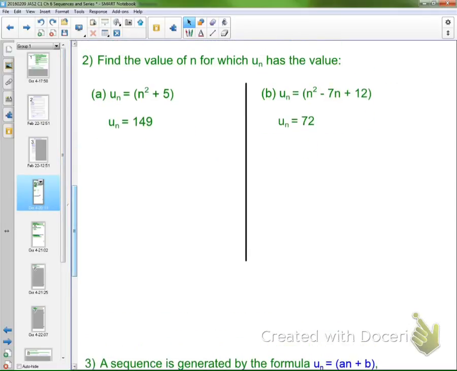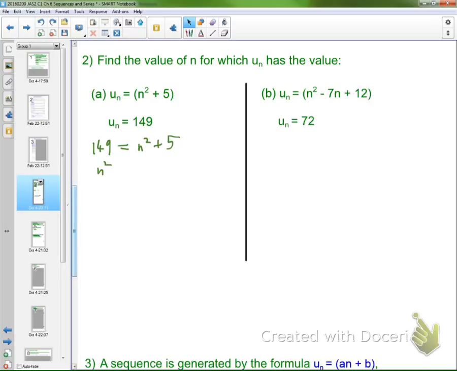For this next example, we're told what the nth term is, and we're trying to find out which term has this value. So all we have to do is equate the two. So 149 is equal to n squared plus 5, and we're trying to find the n that solves this equation.